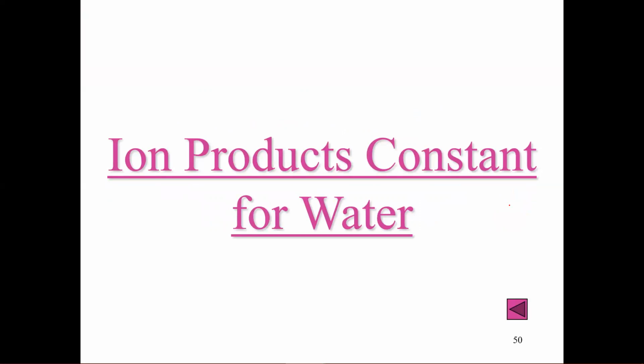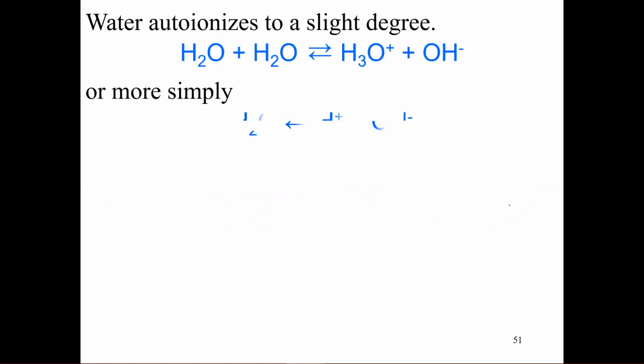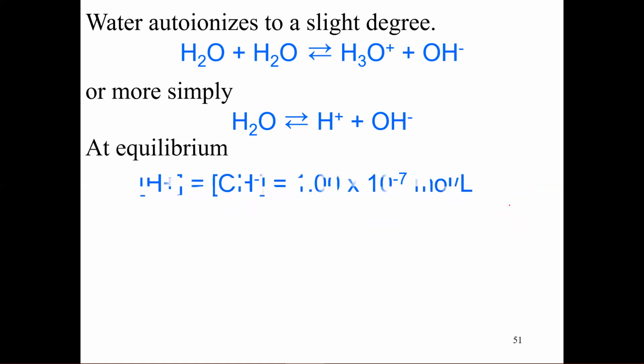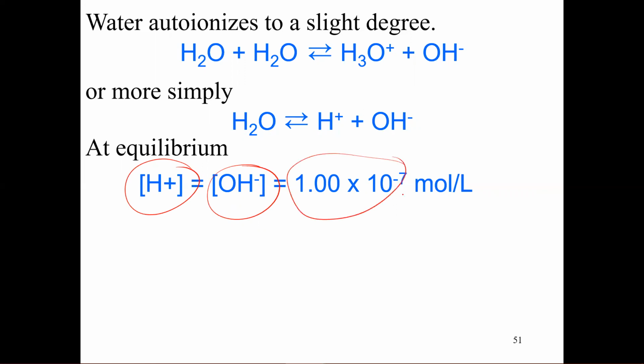Ion product constants for water. Water ionizes to a slight degree. And essentially, more simply, you have dissociation between them at equilibrium. The hydrogen ion concentration equals the hydroxide ion concentration. This is 1 times 10 to the minus 7.